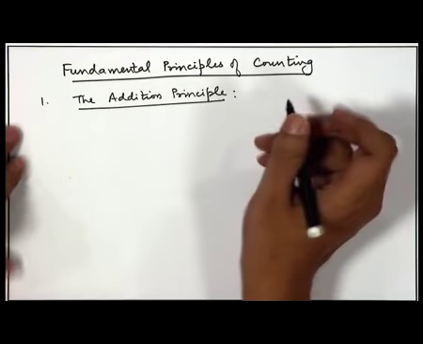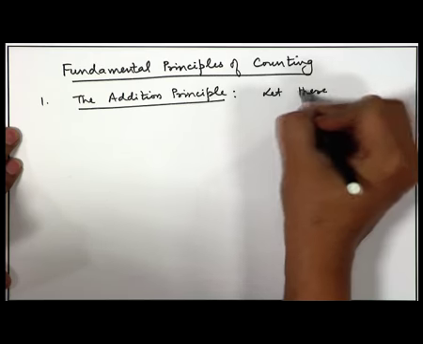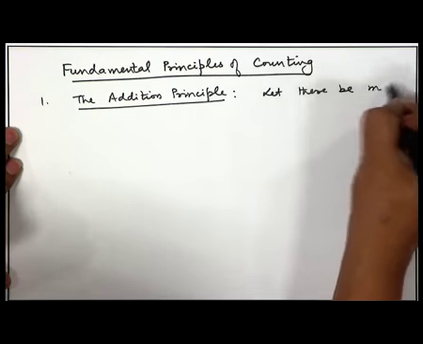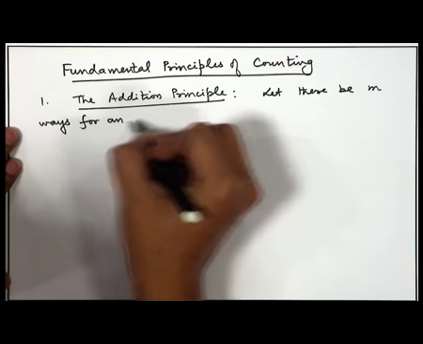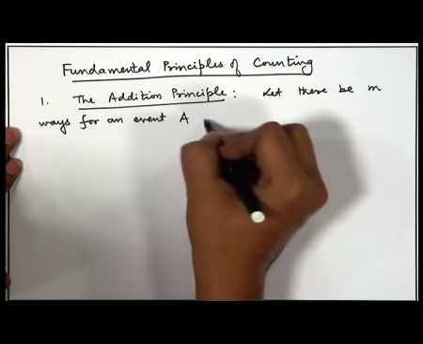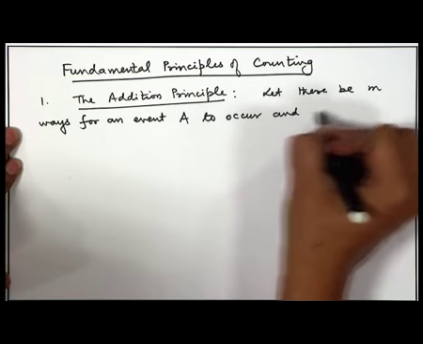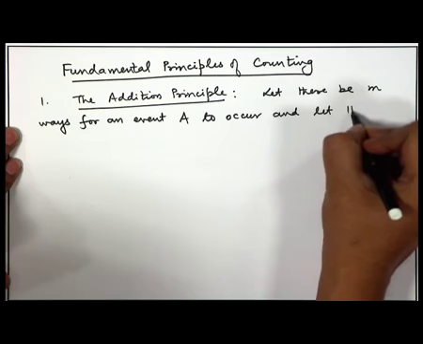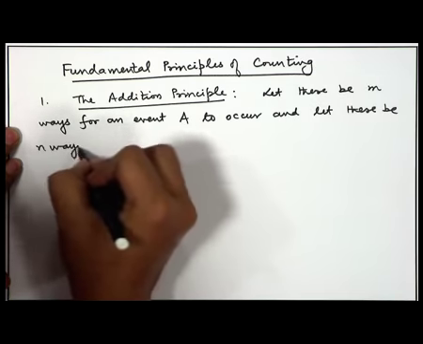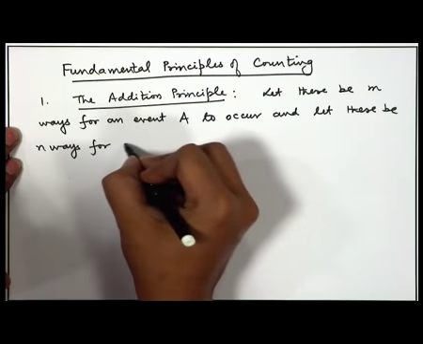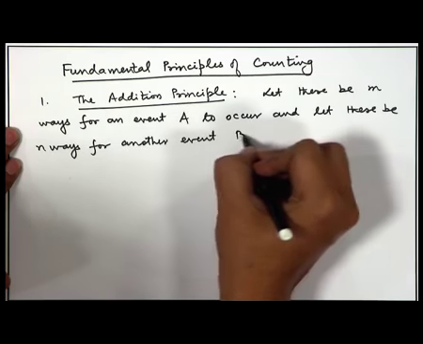So, let me formally state this. Let there be m ways for an event A to occur, and let there be n ways for another event B to occur.